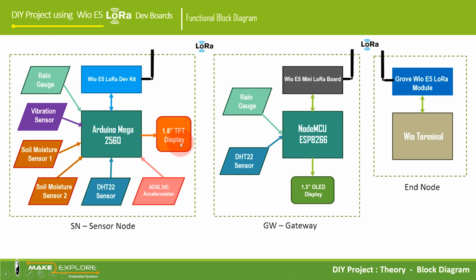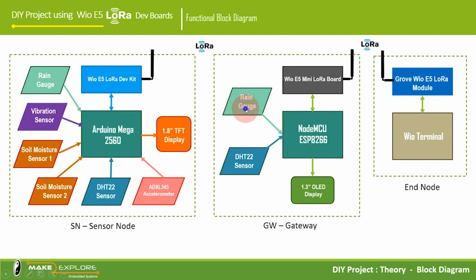Arduino Mega 2560 is interfaced with all these sensors, and a TFT display is used to display the sensor readings locally. To transfer all these sensor data to the end node over LoRa, a Wio-E5 LoRa dev kit is also connected to Arduino. For the gateway node, we have used a Wio-E5 Mini LoRa board, interfaced with NodeMCU ESP8266.